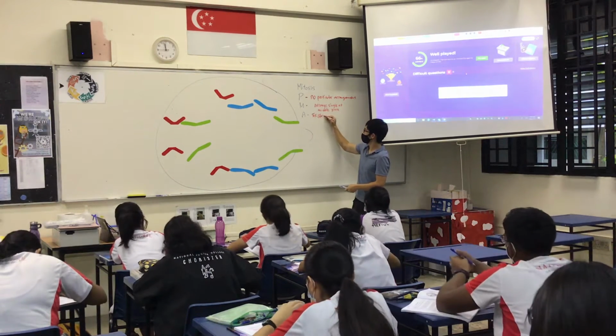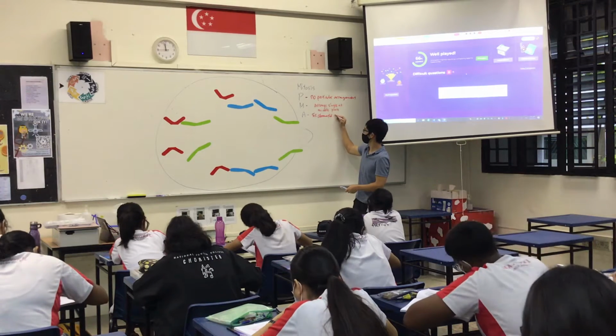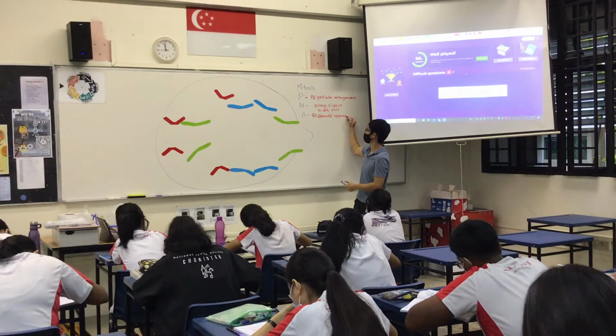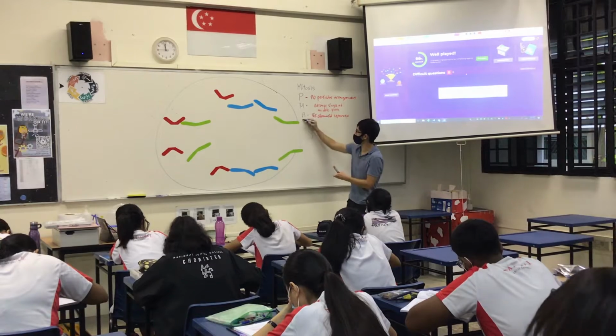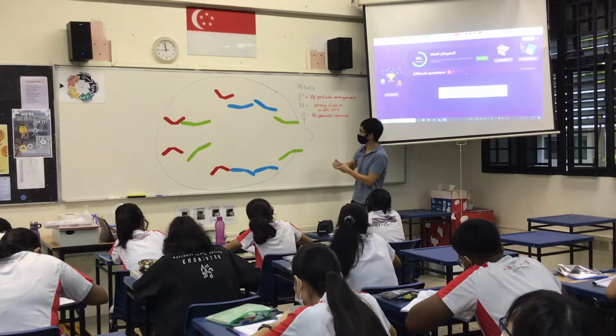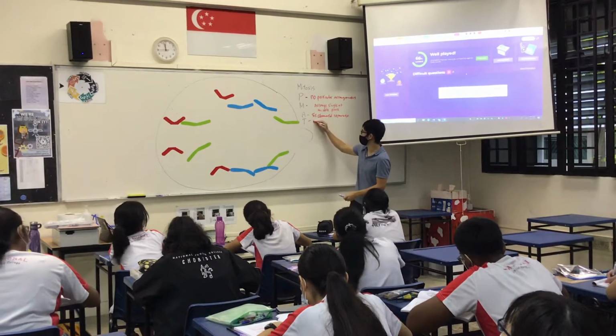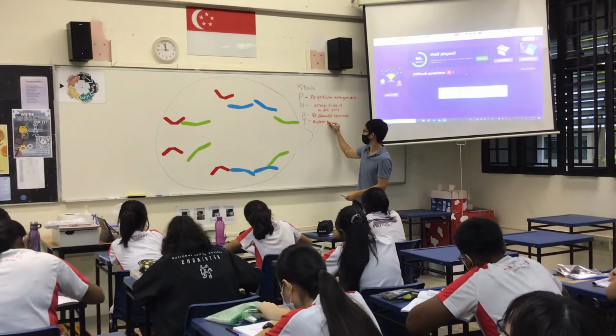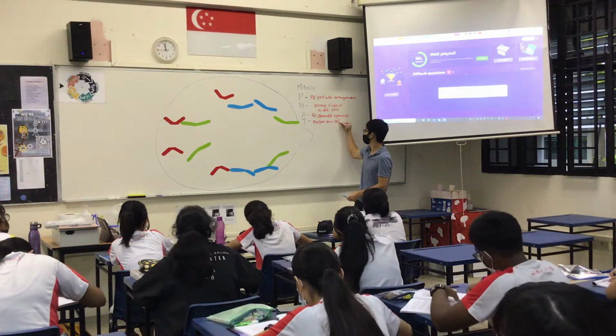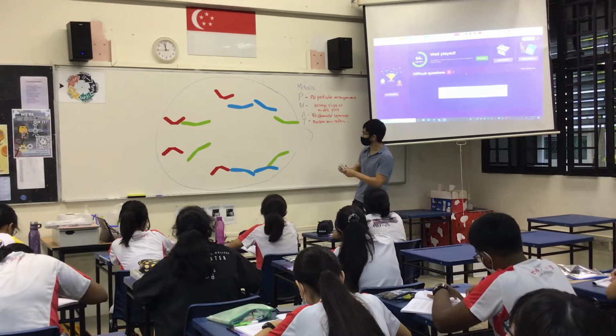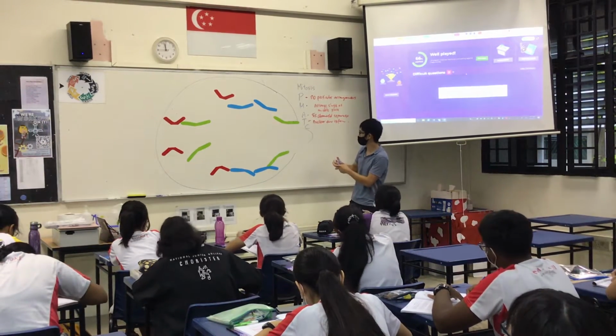Sister chromatids separate. What happens during telophase? Okay, during telophase, the nuclear envelope reforms. And then there's cytokinesis, and then you get 2 cells.